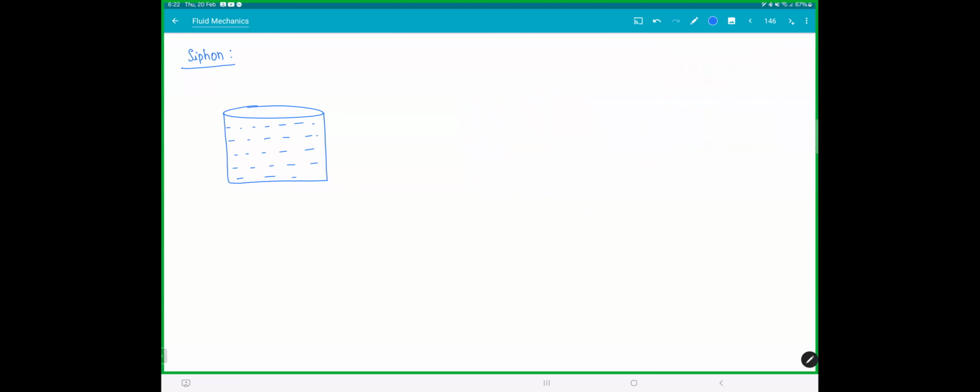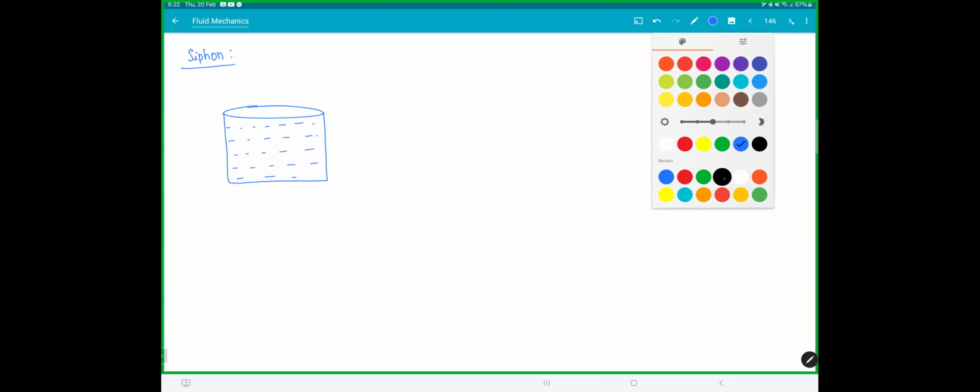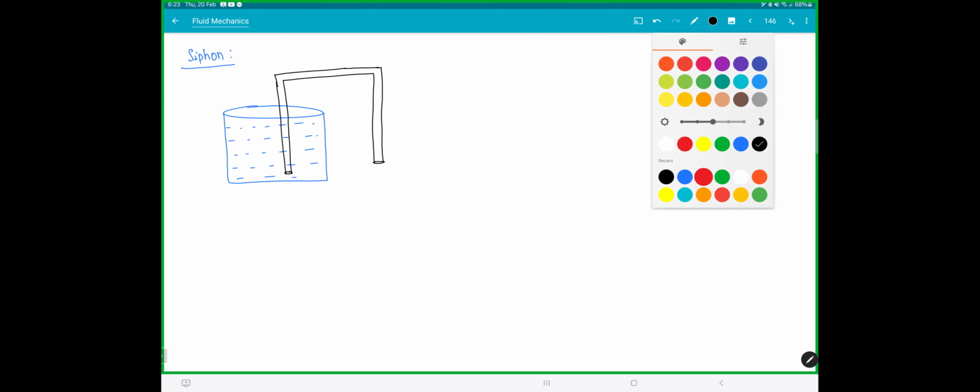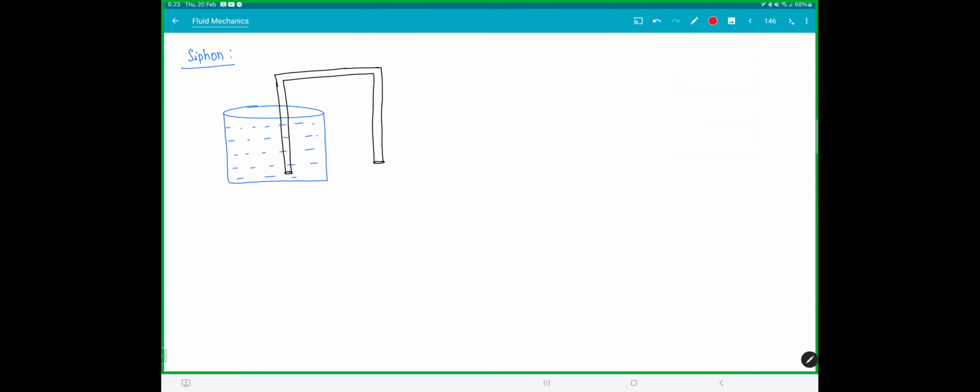So how does this work? So we put a pipe here. So we define three heights here.